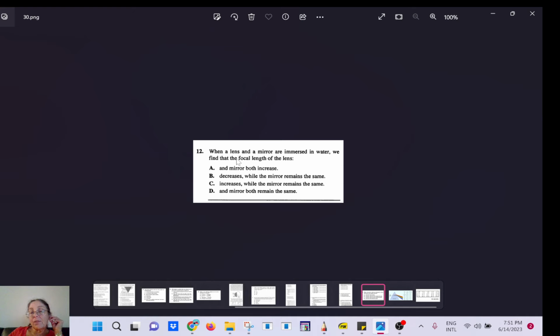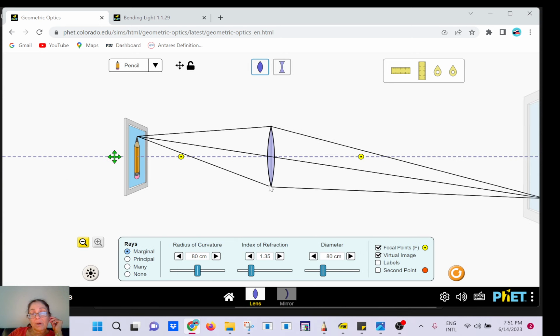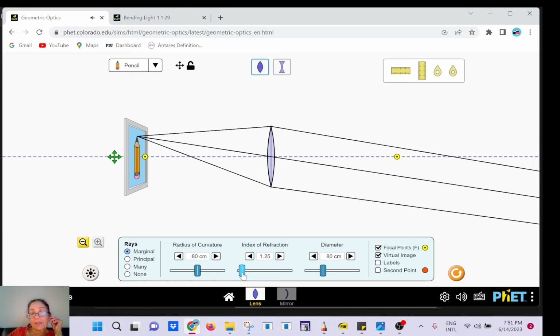So the focal length will be increasing, right? So if you have the lens here, and if you make it less refractive, you see that the focal length is moving away from the lens, so it's increasing.